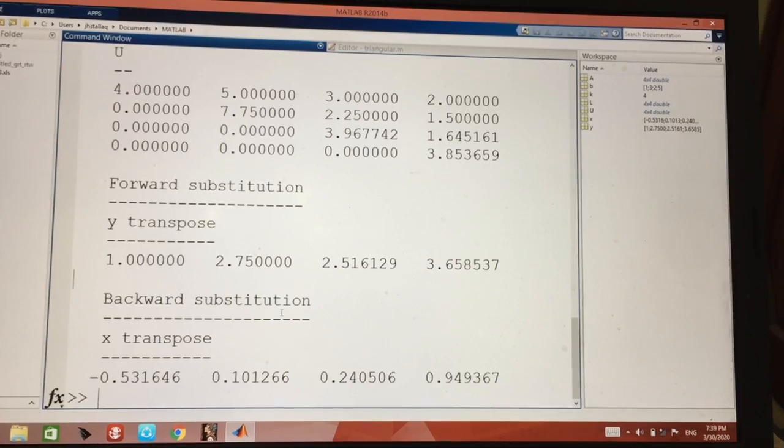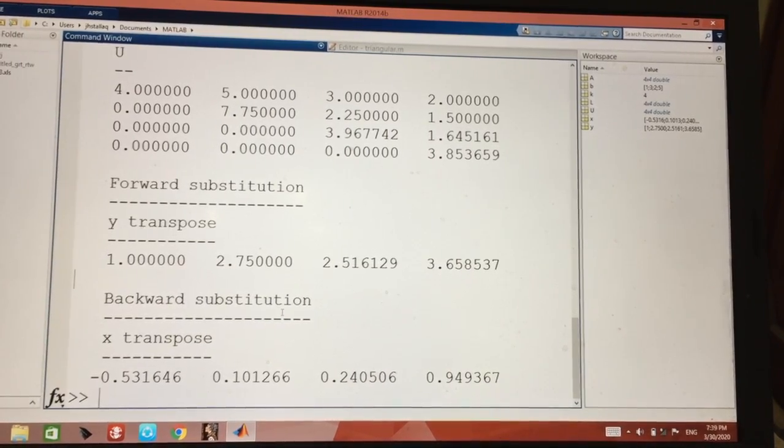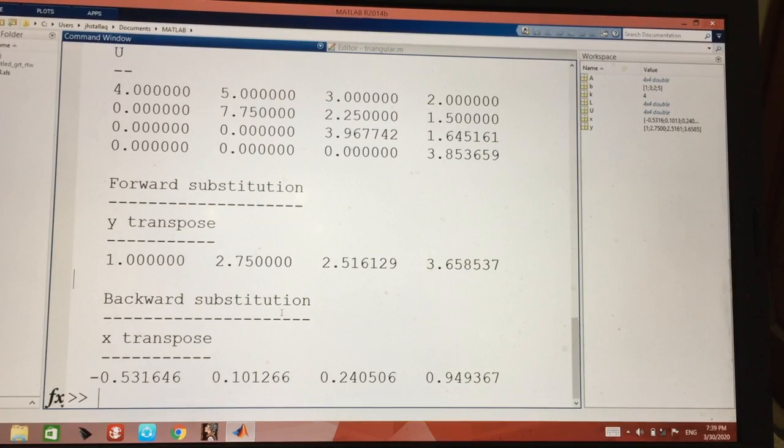And finally x1 equals 1 over u11. Now here we have y1 minus u12 times x2, we know x2 now, minus u13 x3 minus u14 x4.